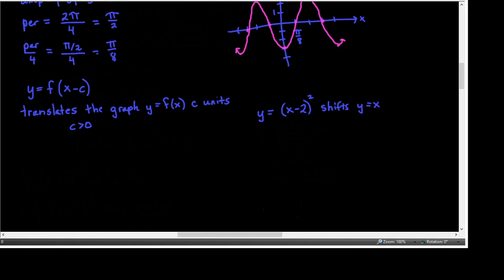You think because it's subtract 2, you're going to make the x's smaller, which would shift it to the left. Remember, it's always counterintuitive for the horizontal transformations. It actually shifts it to the right when c is positive. So when c is positive, you'll shift to the right. And when c is negative, it'll be to the left.